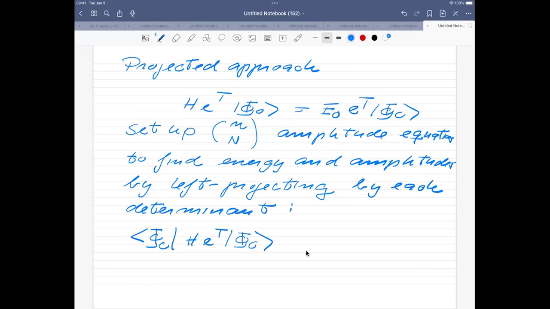And when we do the calculations, the state on the right-hand side, e to the T phi 0, is the same as psi 0. So when I multiply with phi 0 and psi 0, that is the same as 1 because we have used intermediate normalization. So this gives us just E0.